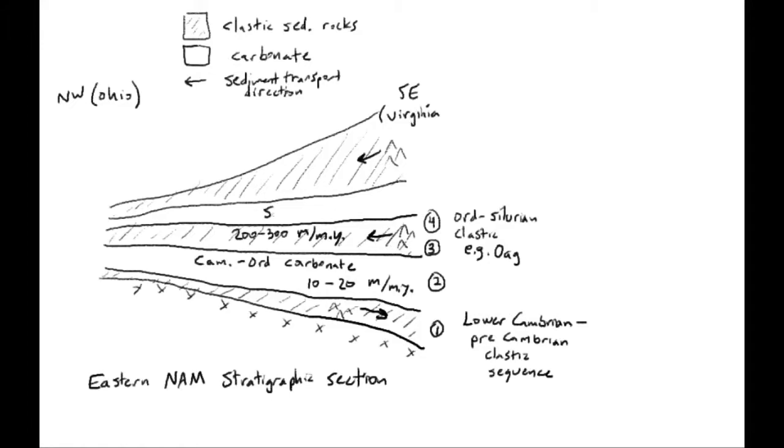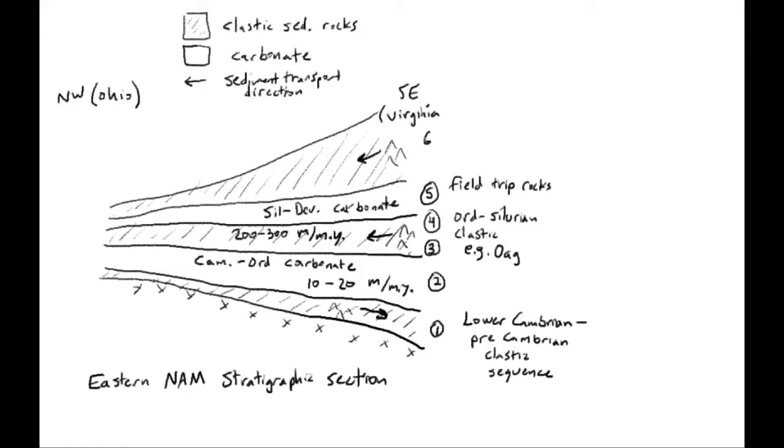Here we have Silurian to Devonian carbonate. These are the field trip rocks. Most of the carbonates that we see on the field trip in the area of Catskill are Silurian to Devonian carbonates.